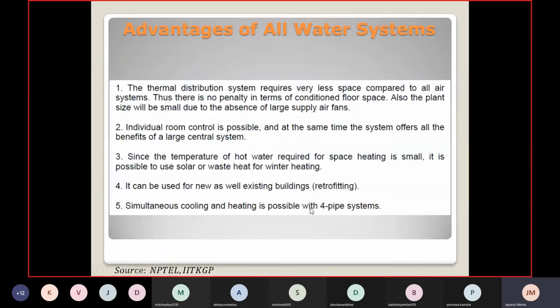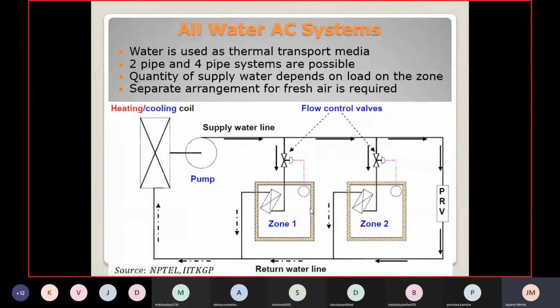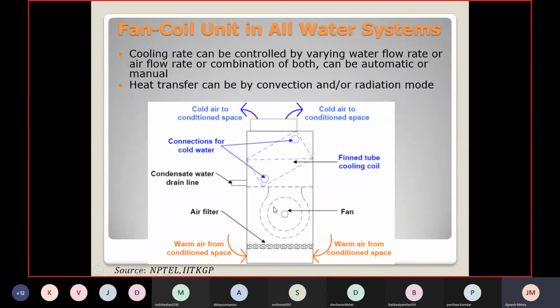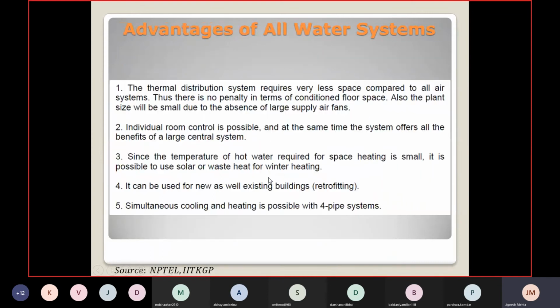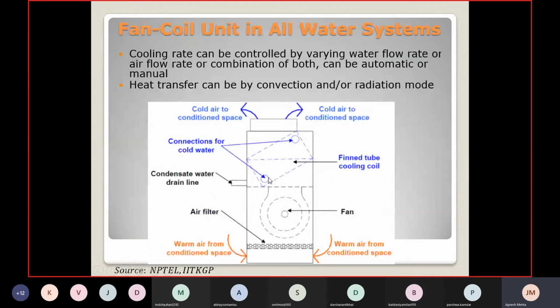So inside the room, the fan coil unit will be there. What is shown here? This one is shown in the next figure. So here, this is the fan coil unit. Cooling rate can be controlled by varying water flow rate or air flow rate or a combination of that. Even in a given space, this is the connection of the chilled water, cold water.